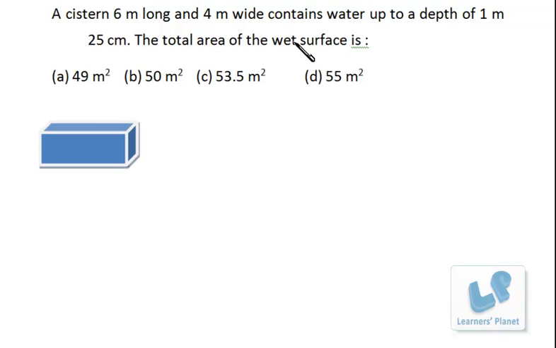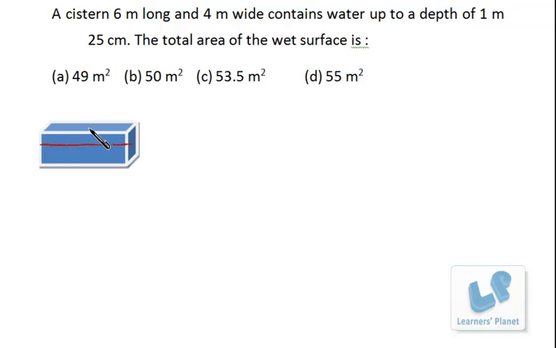Now if the tank is filled up to depth of 1 meter 25 centimeter, that means somewhere till here, because the total height of the tank is not given to us, right? So we assume that the tank is filled up some around here. Now what will happen? All the surfaces will get wet except the top surface, right?